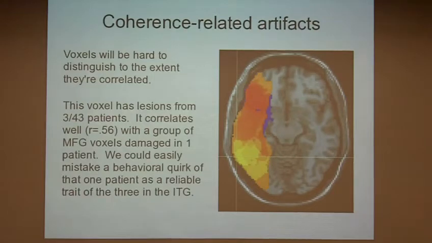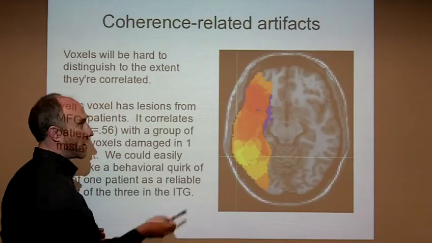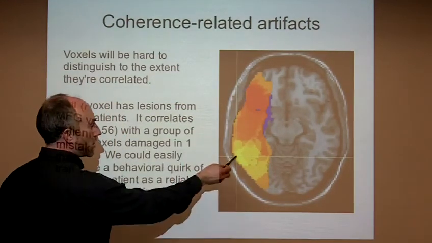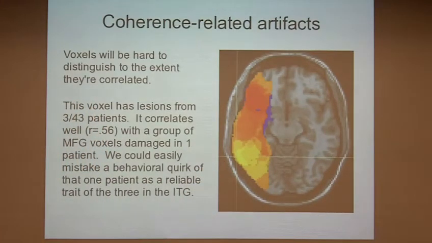So because that correlation is very high, there's the possibility that if that one patient happens to perform really poorly on some test, for unrelated reasons, for whatever reason, you're not only going to associate that pattern of performance with this area up here, which is where that patient is damaged, and that may be what's actually driving the effect. You're also going to associate it with what's back here because they're very highly correlated.